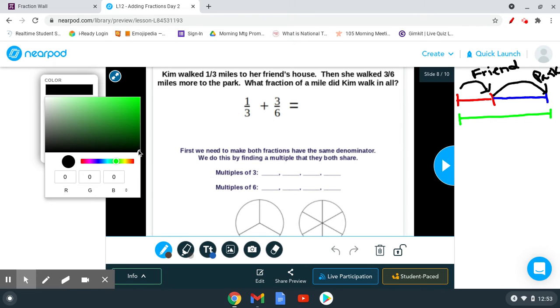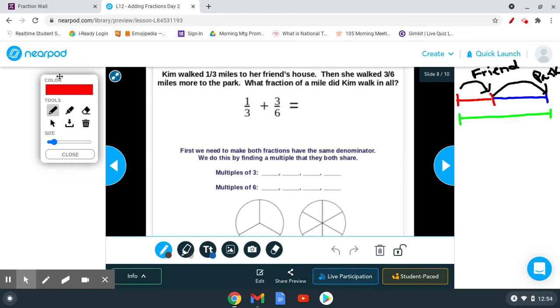So right now, when you see this problem, you're thinking to yourself, okay, I need to do 1/3 plus 3/6. Well, taking a look right now, do we have the same size pieces or different size pieces? I have thirds and I have sixths. If you're thinking to yourself that they are different, you're correct. Let's take a look at what that would be with fraction strips.